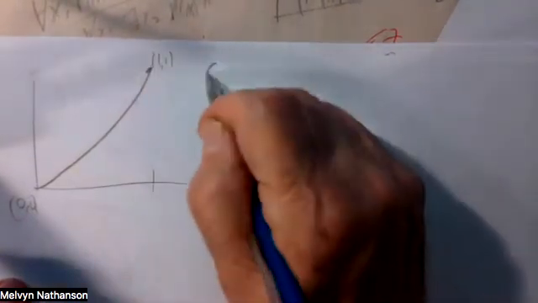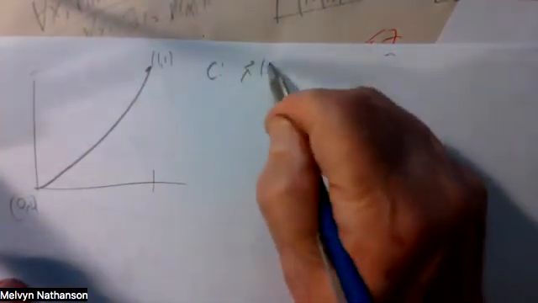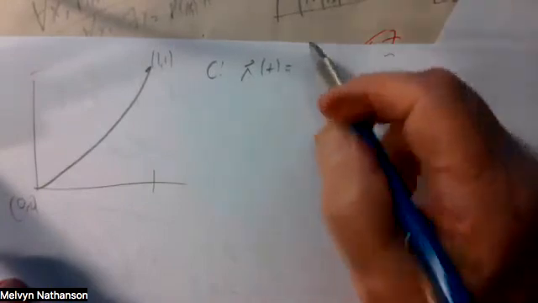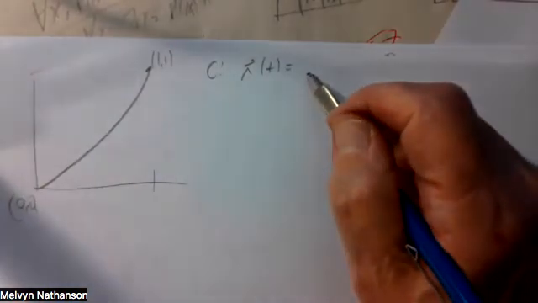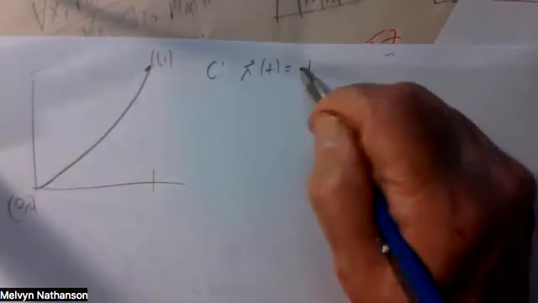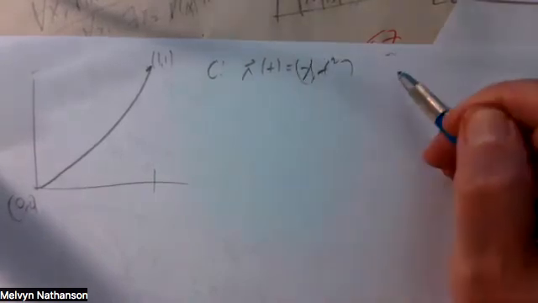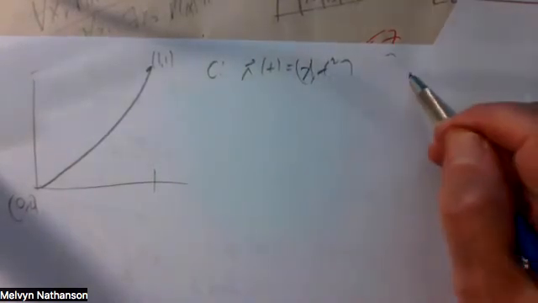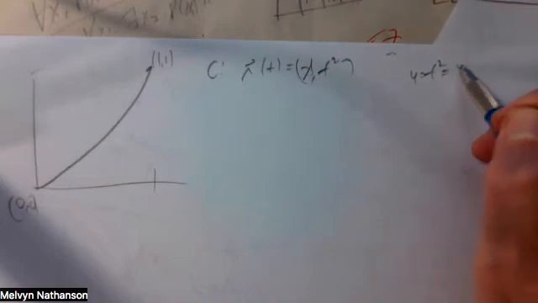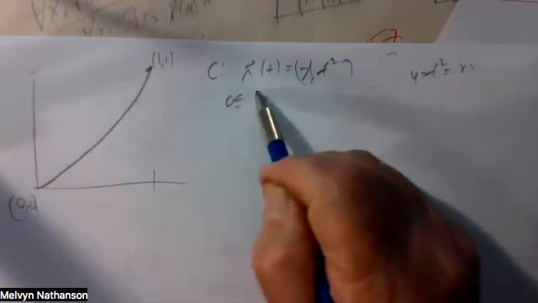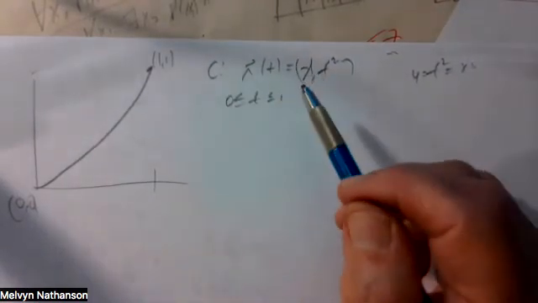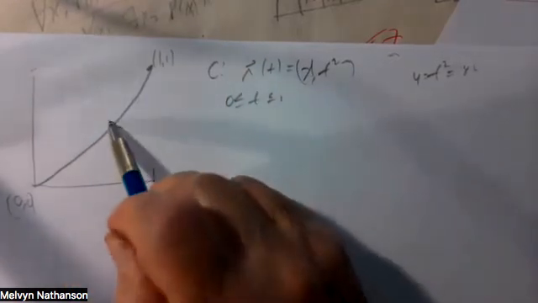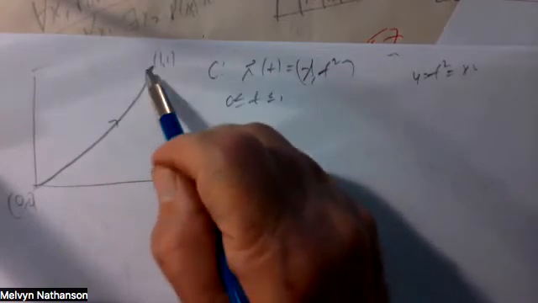And this is the curve where r of t is (t, t squared). That is, y, which is t squared, is x squared, with 0 less than or equal to t less than or equal to 1. So now my curve is from (0, 0) to (1, 1), going along the parabola.